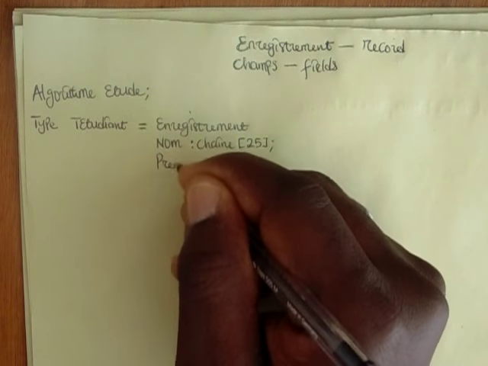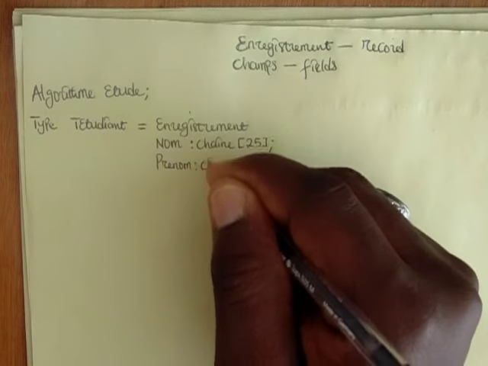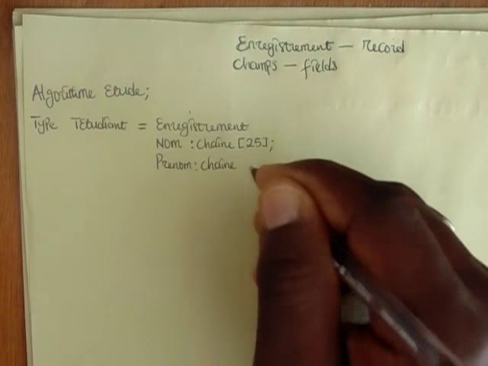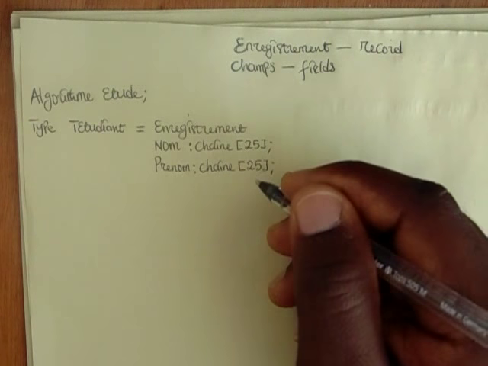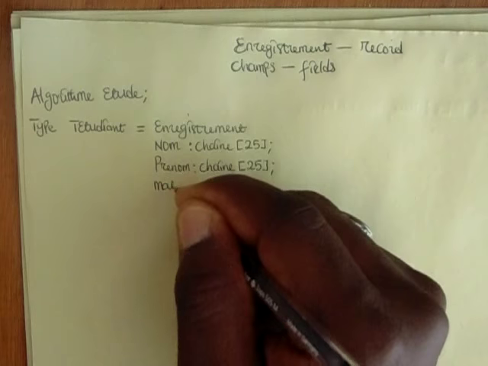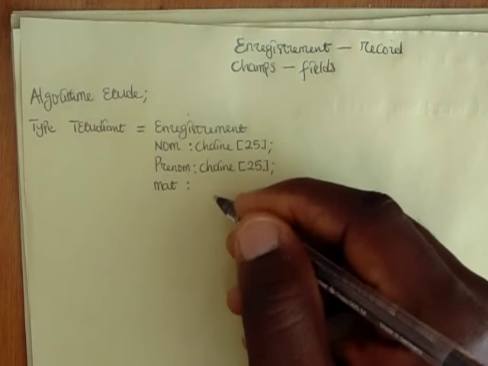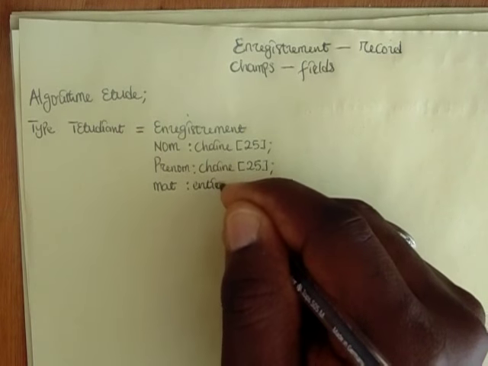Then the name, which will be a string as well, 25. Then we want the person's matriculation number, call it mat. A mat is an integer, which in French is entier.